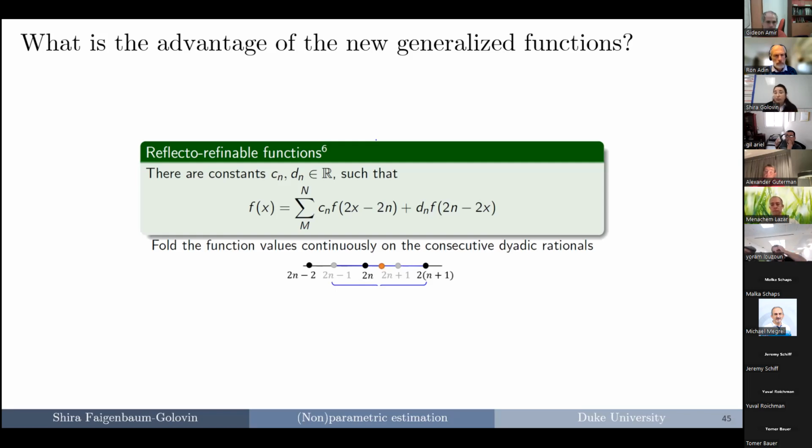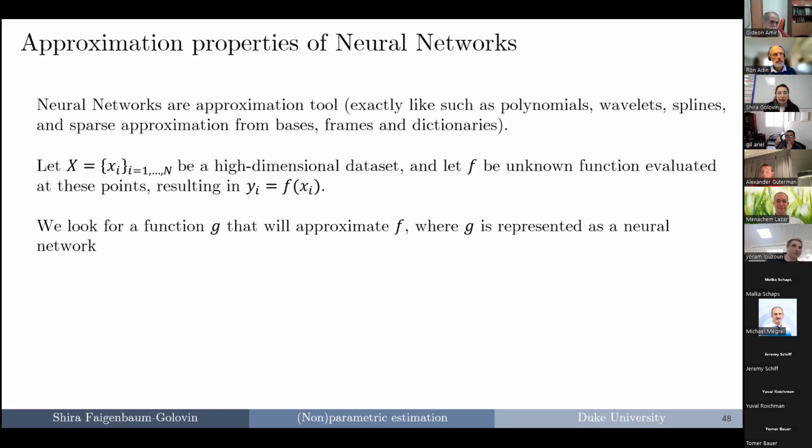We can define new wavelets. We can define new fractals, a new subdivision scheme using this no longer symmetric definition. So we are standing now in front of this huge number of things that we need to do, and that's basically what the future holds.